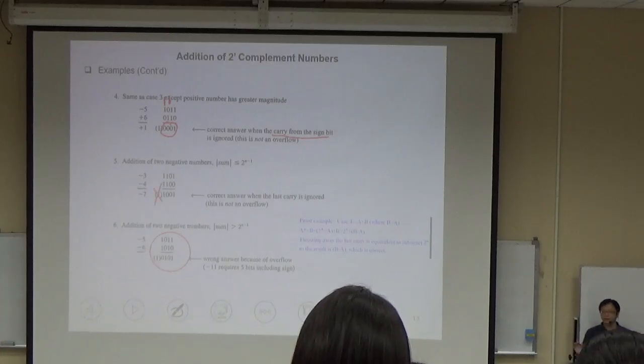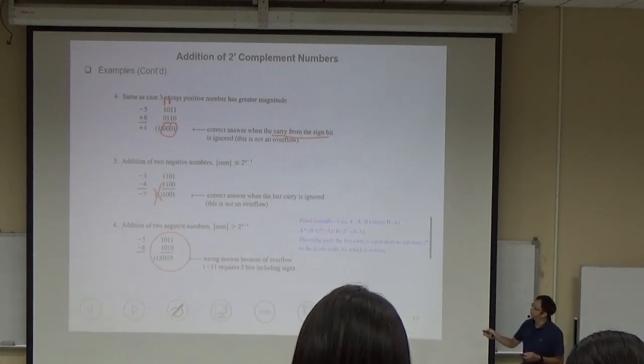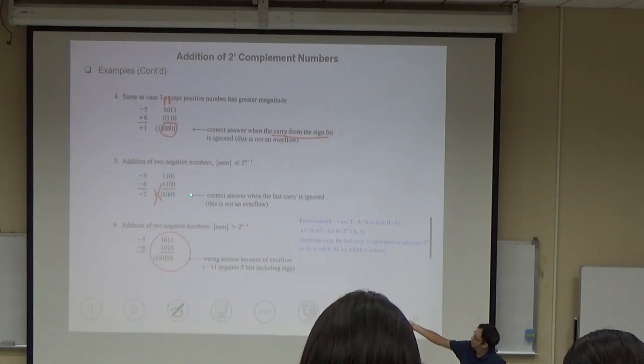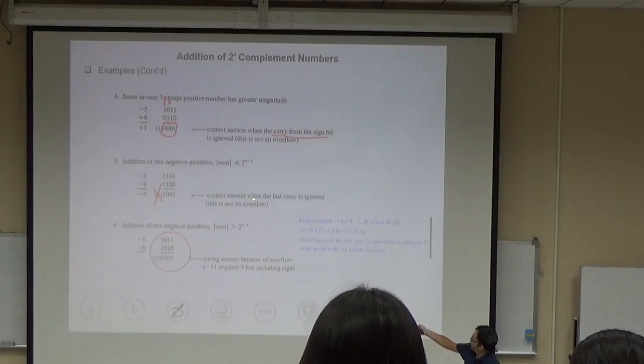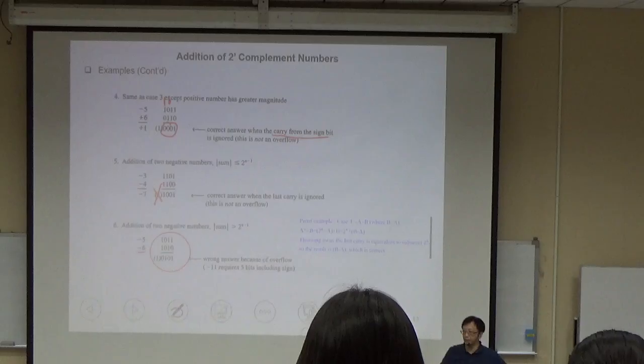So whenever there is a carry from the sign bit, we just ignore it and keep the remaining result. This is correct. So it's a carry from the sign bit. Just ignore it. So it is not overflow.